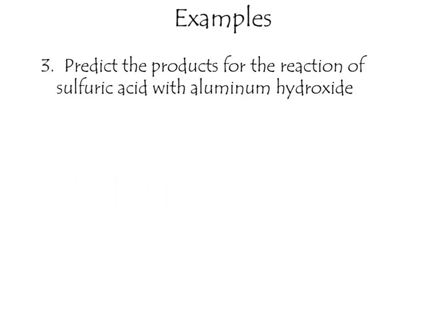Now, with this example, I want you to notice that there's sulfuric acid, which is diprotic because it has 2 hydrogens to donate, and we have aluminum hydroxide, which is not on our list of strong bases. So this is going to be a relatively weak base.